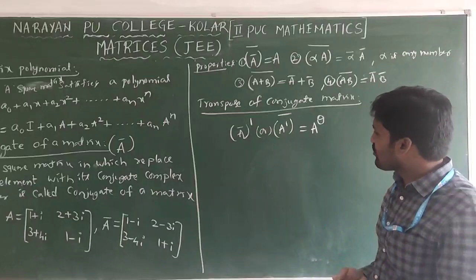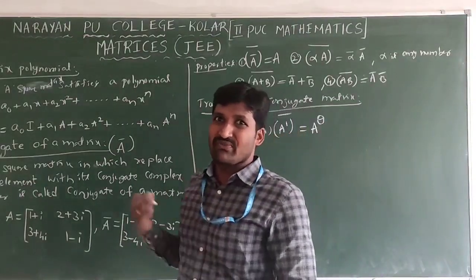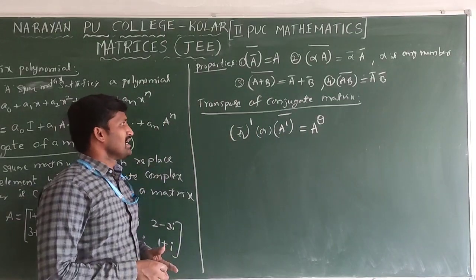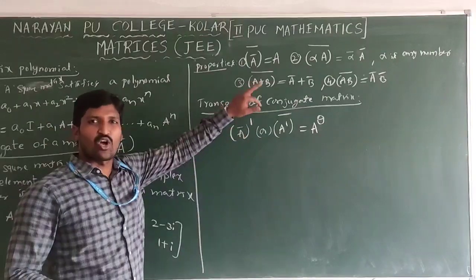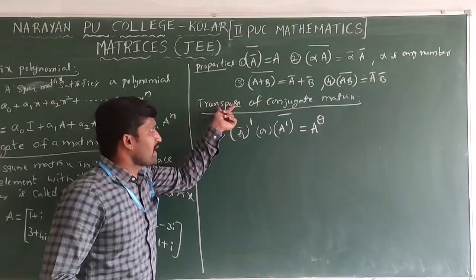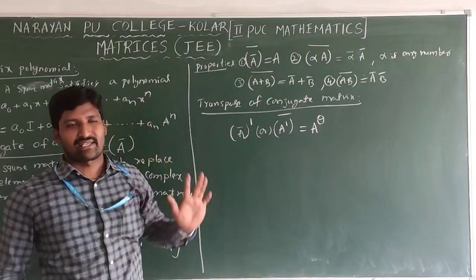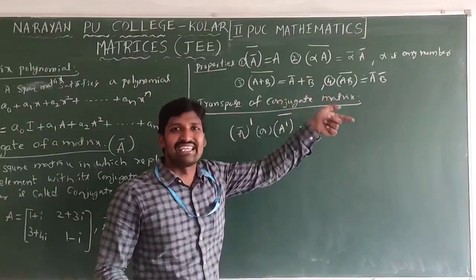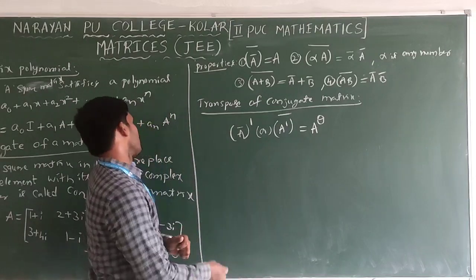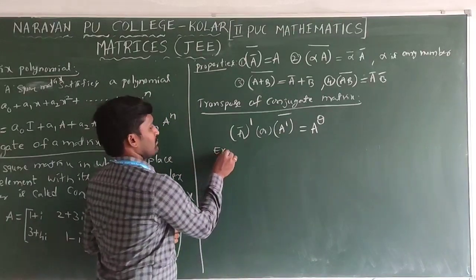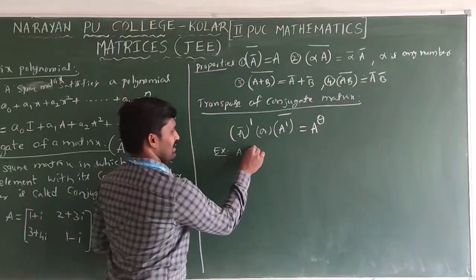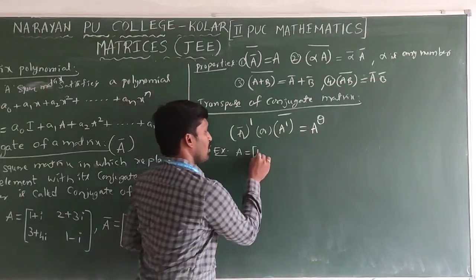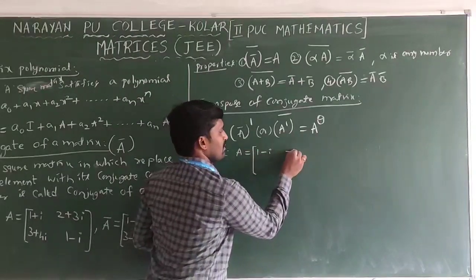How to find this one? Applying transpose to the conjugate matrix gives the transposed conjugate matrix, or simply the transpose of a conjugate matrix. The combination of these two is denoted by A power theta.